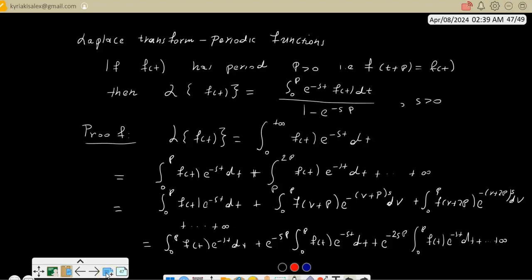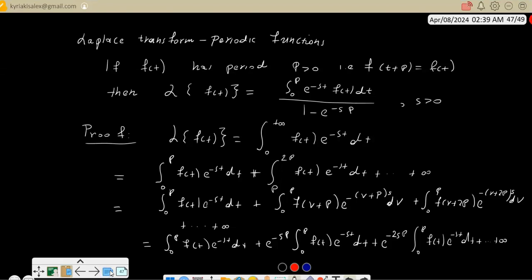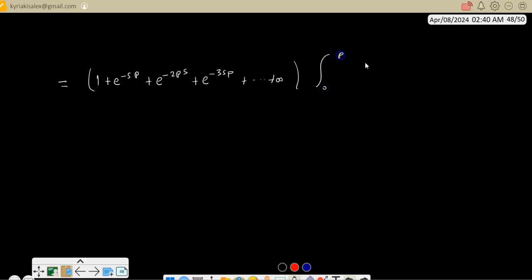Now I have almost everything. So I write this equal to 1 plus e to the minus sp, plus e to the minus 2sp, plus e to the minus 3sp, and so on, times the integral from 0 to p of f of t e to the minus st dt.